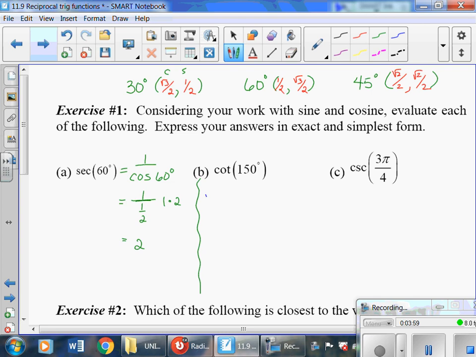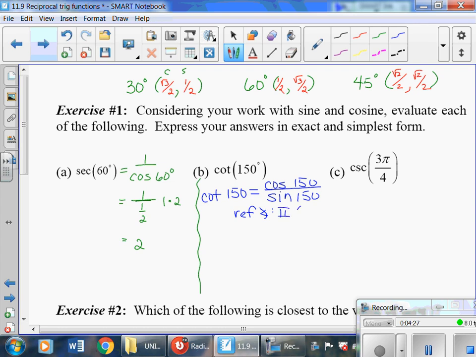So I know that the cotangent of 150 is equal to 1 over the tangent, which doesn't help me, but the cosine of the angle over the sine of the angle does. Let's put the 150 in so we don't get confused: cosine of 150 over sine 150. Now remember here, we also need a reference angle because 150 is not in my first quadrant. 150 is in the second quadrant.